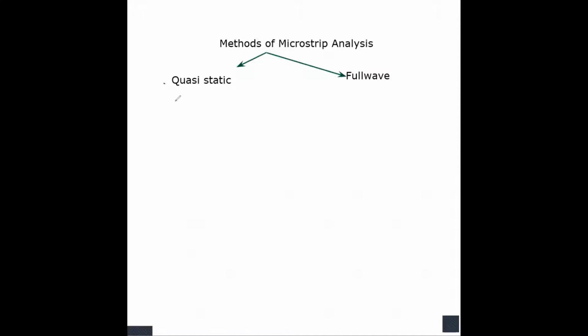In the quasi-static analysis, we consider pure transverse electromagnetic modes, and the microstrip characteristics are calculated from the electrostatic capacitance of the structure. So the quasi-static analysis is used when the design circuit has a lower frequency, below 10 gigahertz, or below X band.